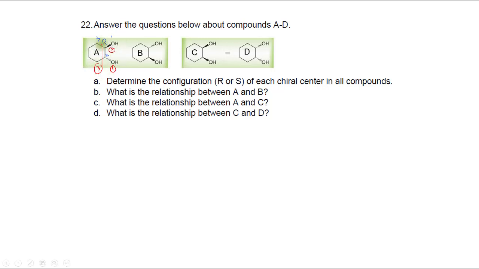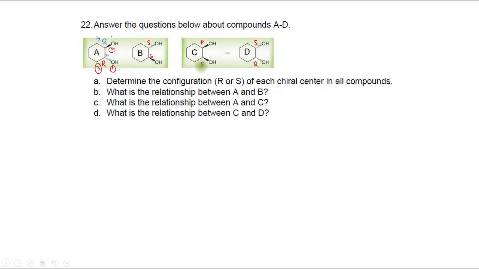This would be S, but the hydrogen is in the wrong direction. So this is R. So my alcohol over here is R. This is S, S, S, and R, S.